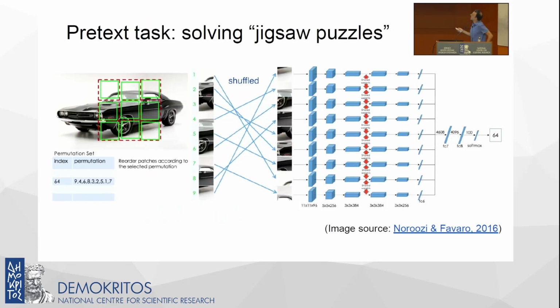Again, random crop, you divide it into 3 by 3 patches, you get this sequence, you permute, each patch is processed independently from the same network, so all of these networks share weights as before. And then you train a classifier on top which is supposed to predict the correct permutation.